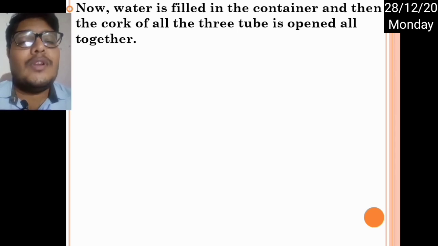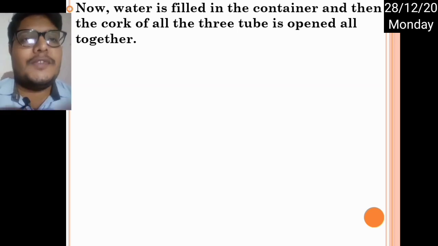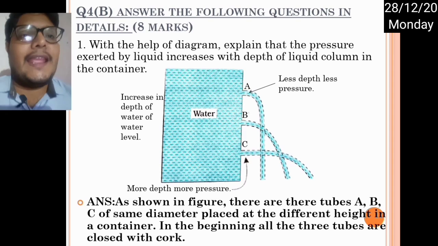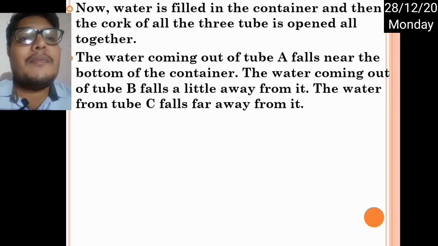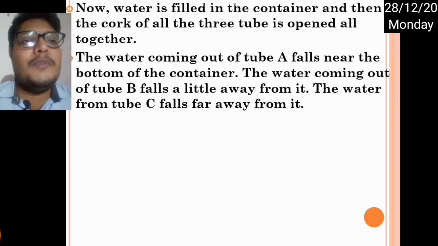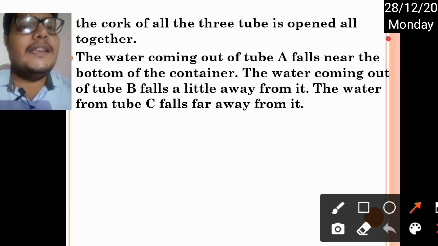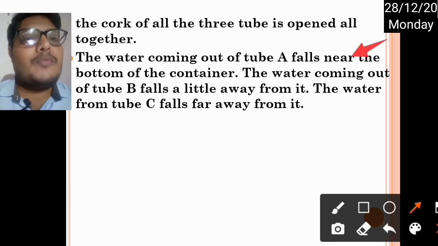Now what you have to do, you have to open all the corks which you have seen here, A, B and C, all together. Then what will happen? The water coming out of tube A falls near the bottom of the container.